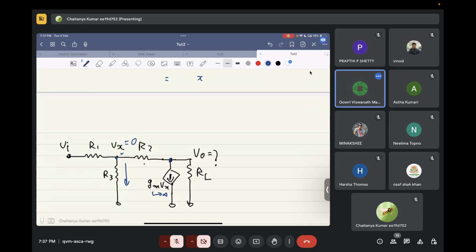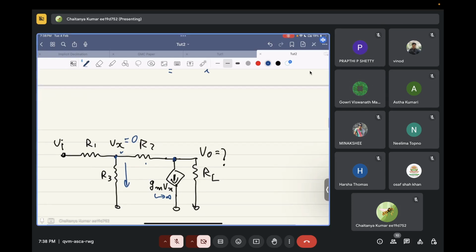Potential drop is 0 across a resistor. What will be the current flowing through that resistor? What is the current through a resistor? Potential drop divided by the resistance, right? So it will be 0, correct?